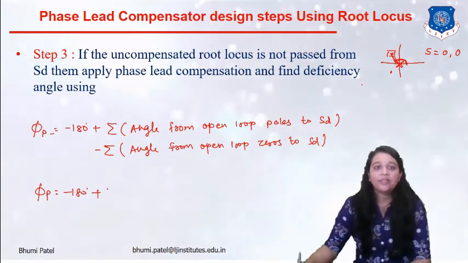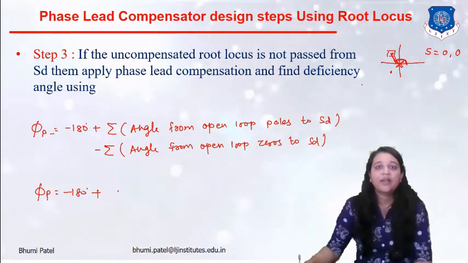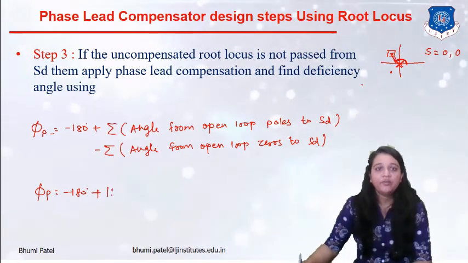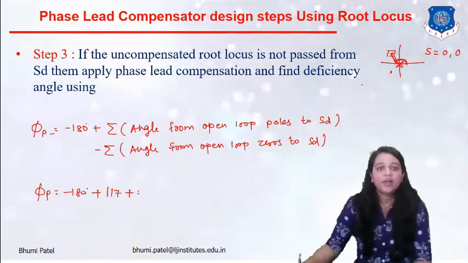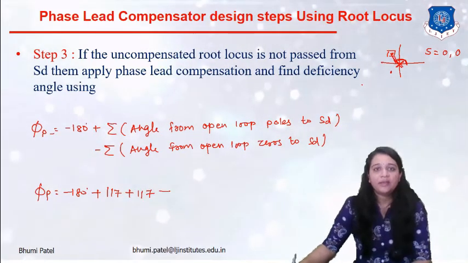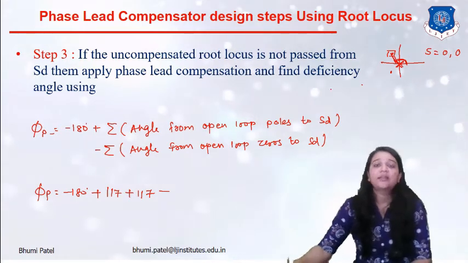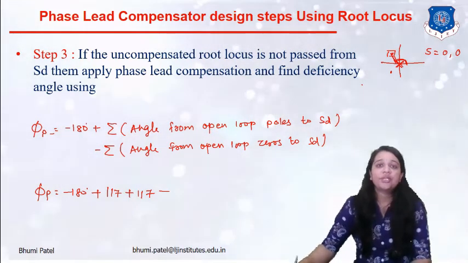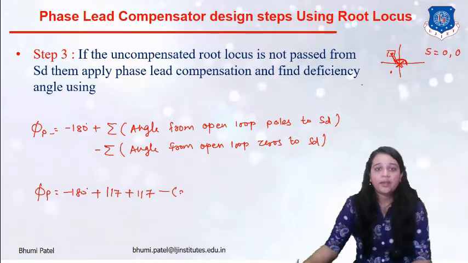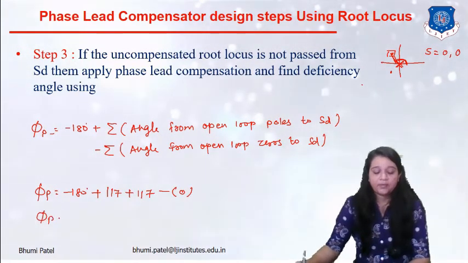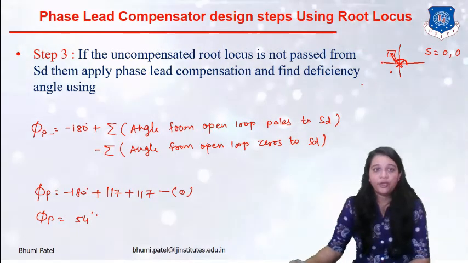The value of this angle is 117. So the summation of angle of open loop poles is equal to 117 plus 117, minus the angle from the open loop zeros to s_d. Here in the transfer function there is no zero, so we can put minus 0, and we get phi p is equal to 54 degree.